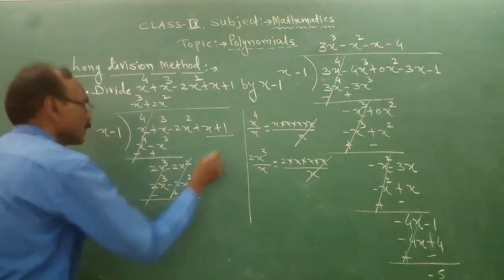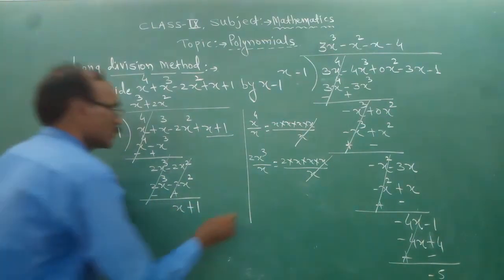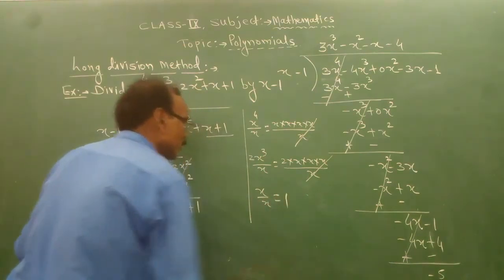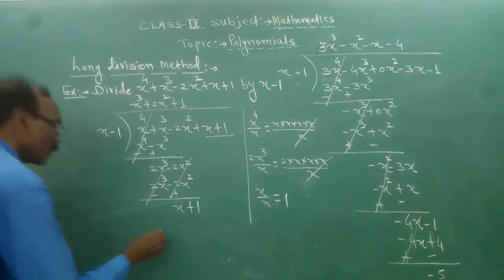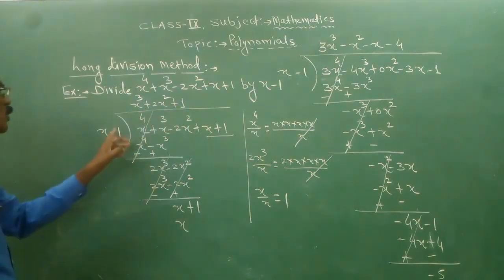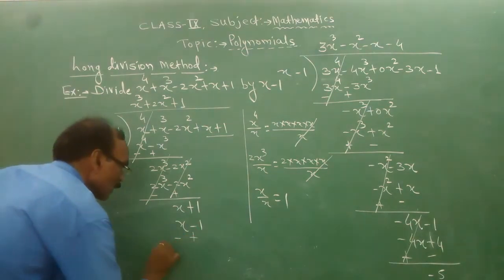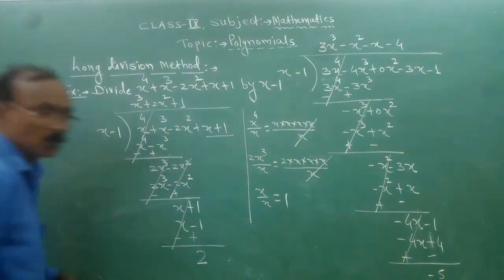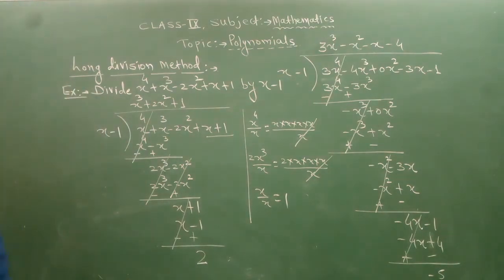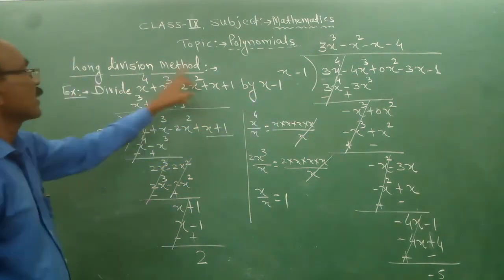Then you take this remaining x plus 1, then divide x by x gives me 1, so that is plus 1 into x, that is x, 1 into minus 1, that is minus 1. So change the sign, again plus x minus x cancel, plus 1, that is 2. So here the remainder is 2. Therefore again here also we can say that x minus 1 is not a factor of this.